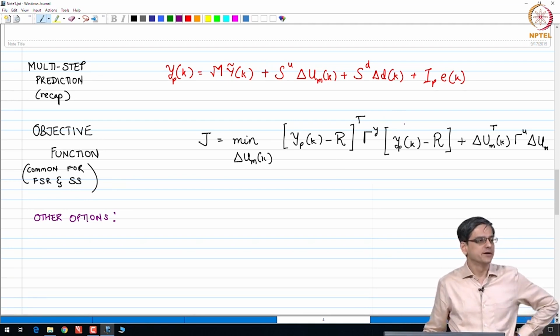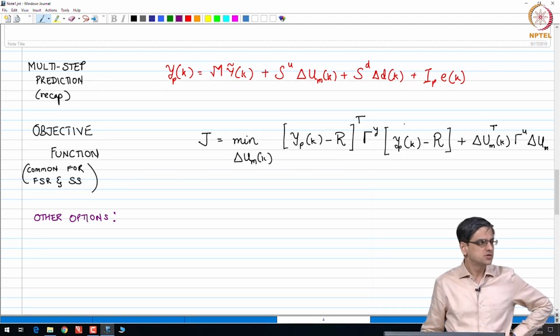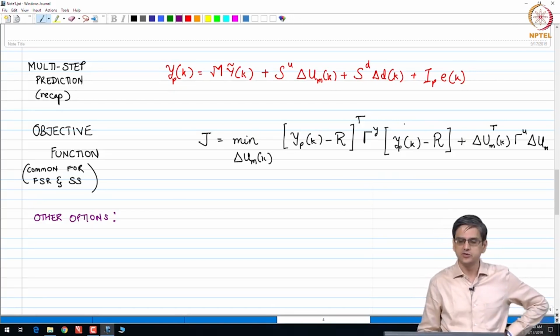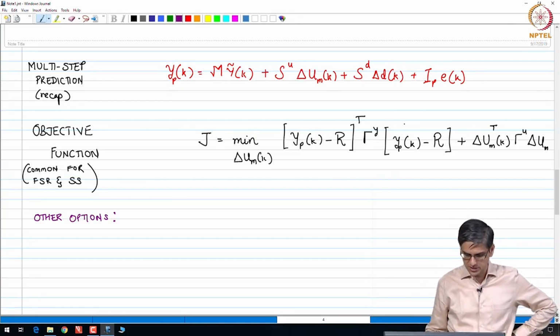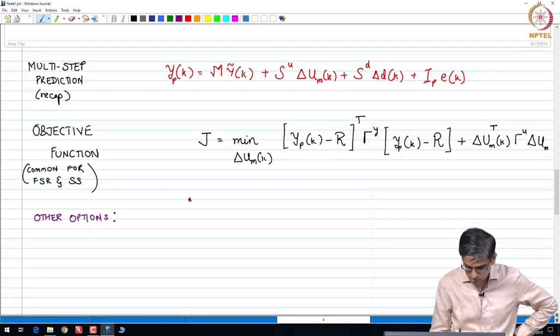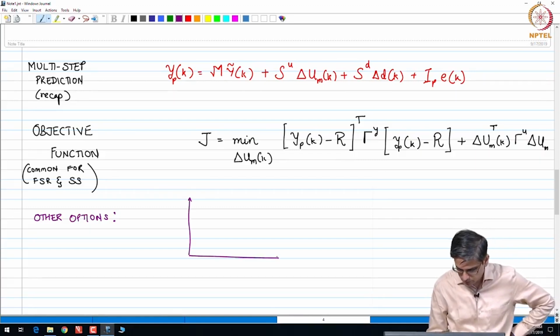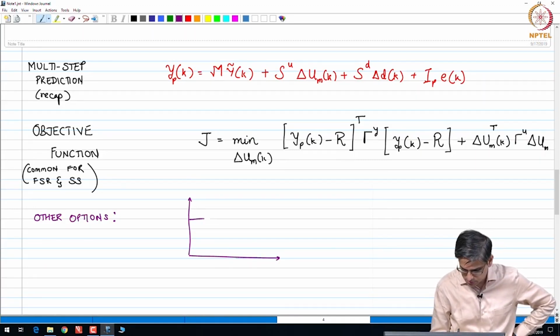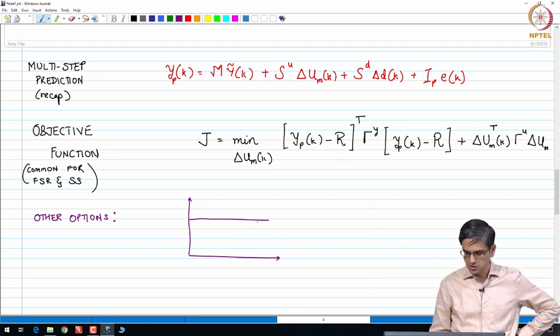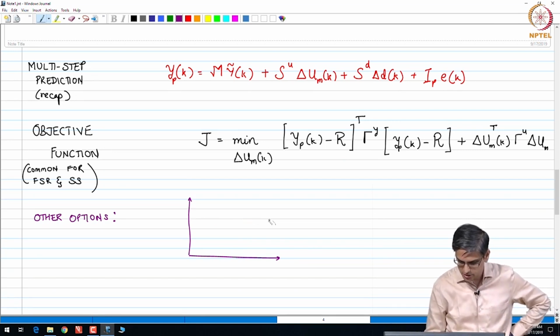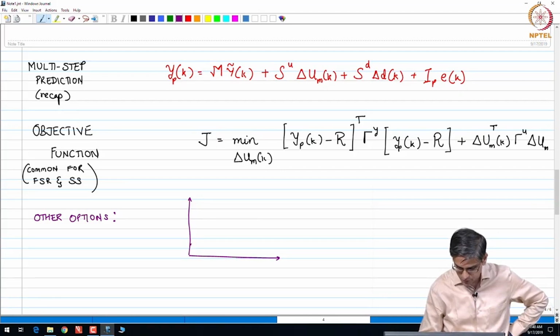Now, a quadratic objective is not the only option. You do have multiple options. One option is, let us say, instead of having a set point, you have a trajectory set point.